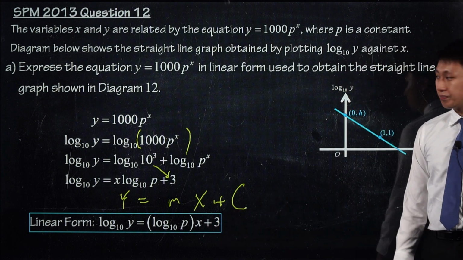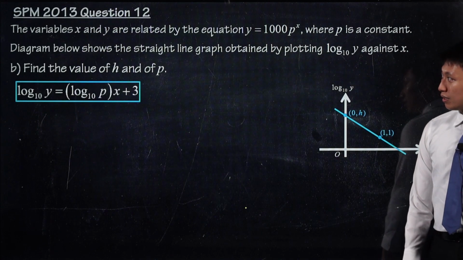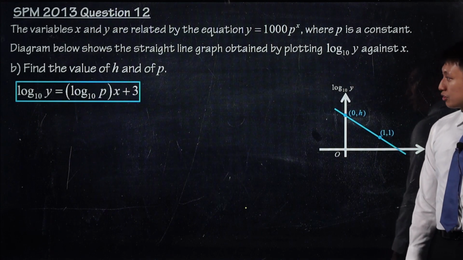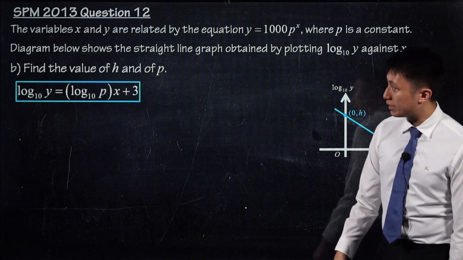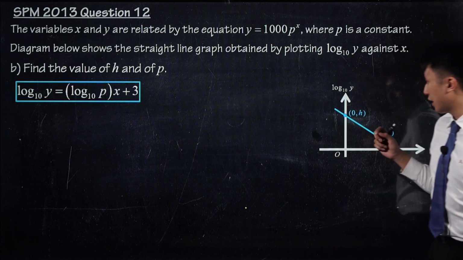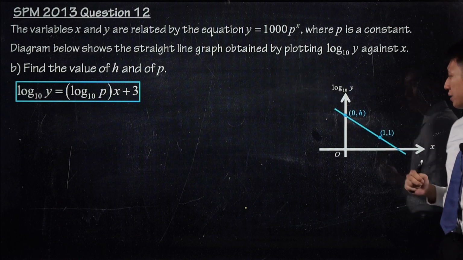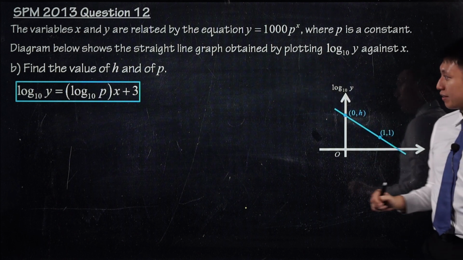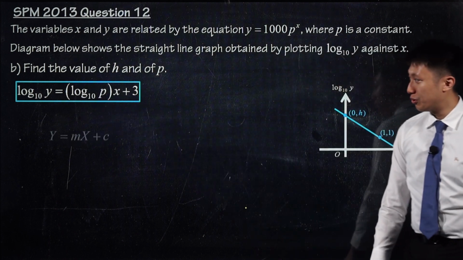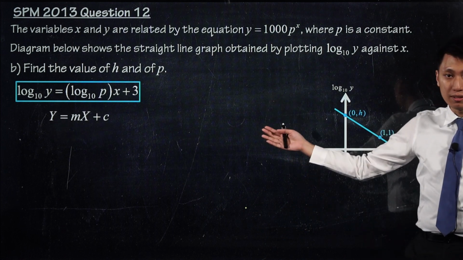Good. Next. Another question here. Again, you see here you have log, and you want to find the value of h and p. h is here, p is there. So what we do is y equals mx plus c first of all.